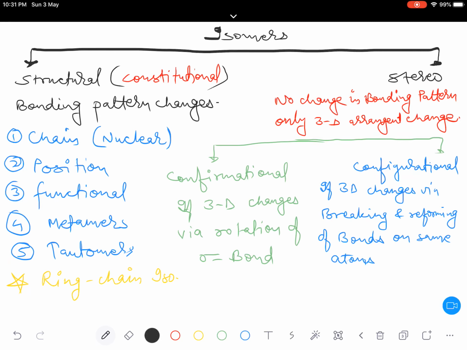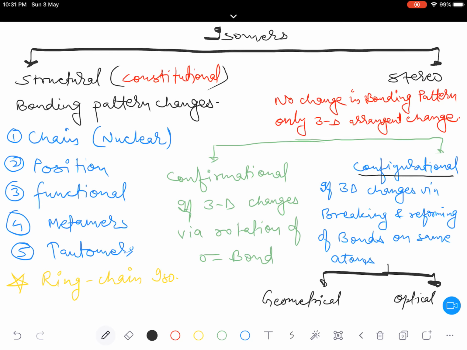Okay, so here again we categorize this configurational isomerism into two different categories. First one is geometrical isomerism, and second one is optical isomerism. Okay, now this is the categorization of isomerism.